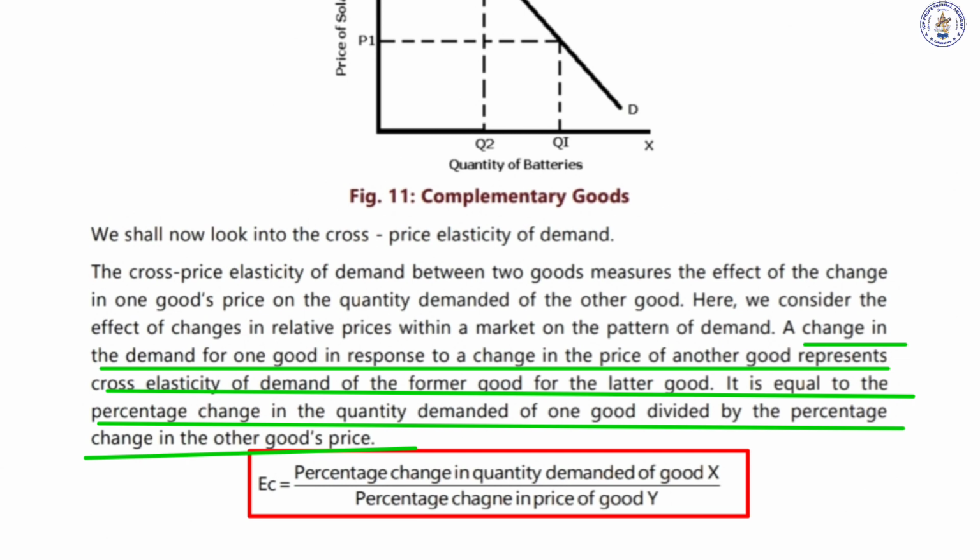We can represent it as EC. EC is equal to percentage change in quantity demanded of product X divided by percentage change in price of product Y. The change in demand of one good due to change in price of another good is called the cross elasticity of the former product with respect to the latter product.